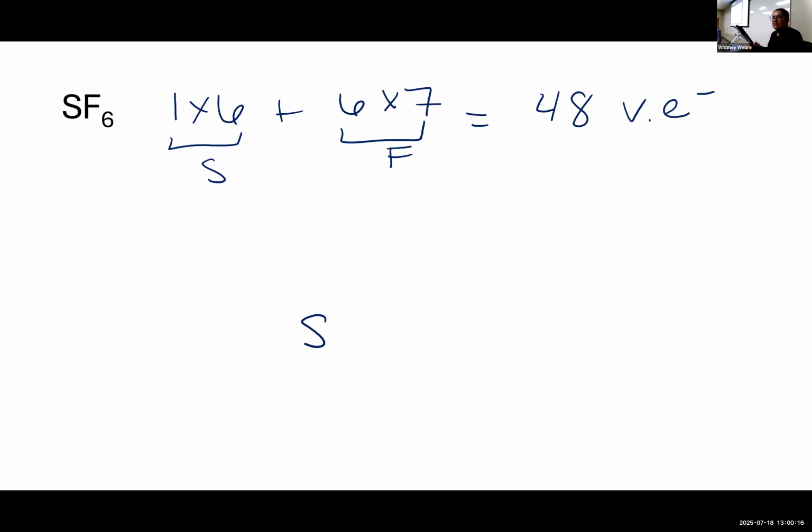You can't assume that a fluorine is attached to other fluorines. You have to identify your central atom and put everything around it. So F, F, F, F, F, F. That's 6 fluorines around the central atom.